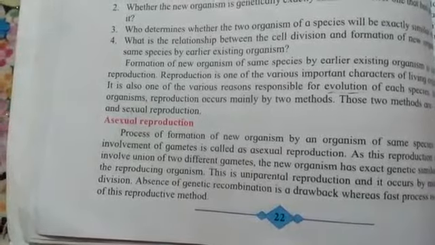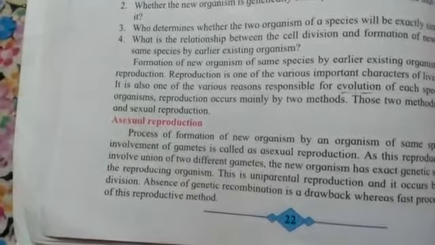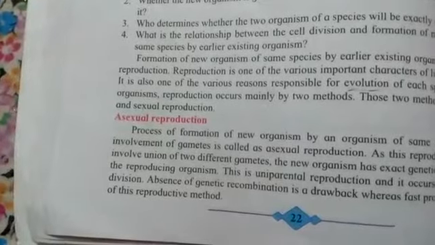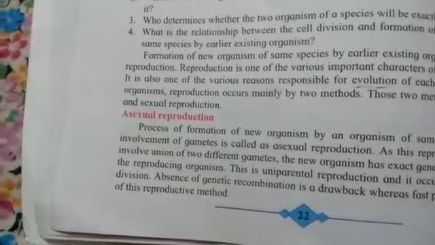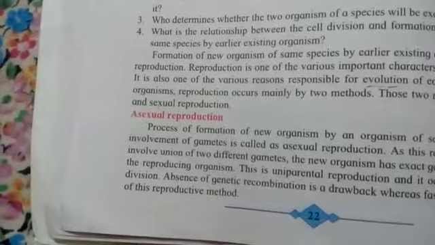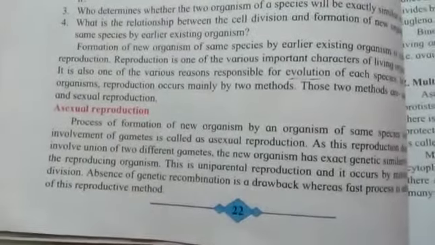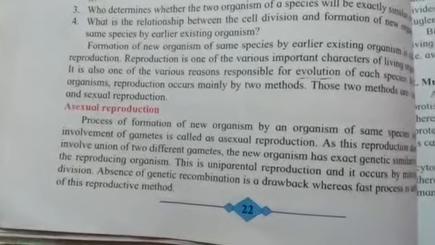That means there is not going to be any change in the genetic sequence, because as only one parent is involved, the new organism which will be produced is going to be very similar to the parent, and there is not going to be any kind of variation. So this is one of the disadvantages of asexual reproduction.